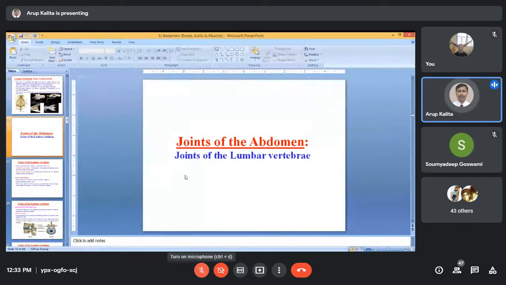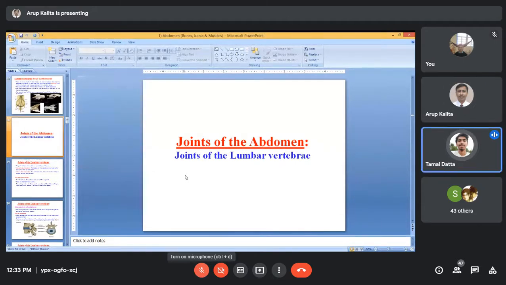How many different types of joints are you going to get between two vertebrae? Two types. What are they? One is diarthrodial joint and one is amphiarthrodial joint.